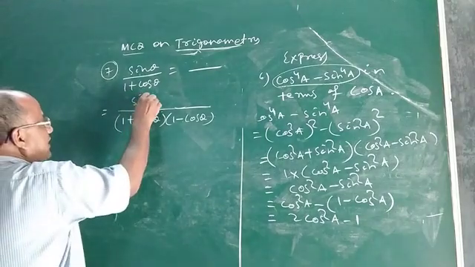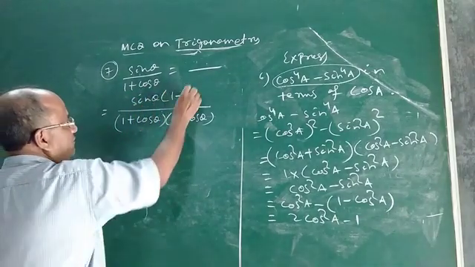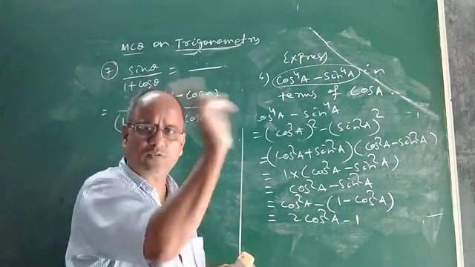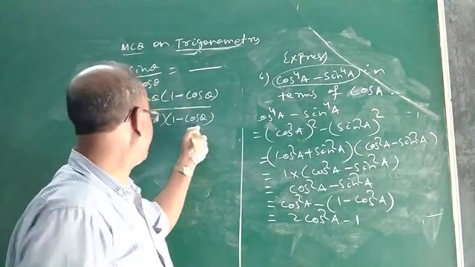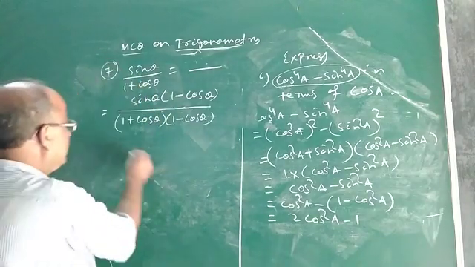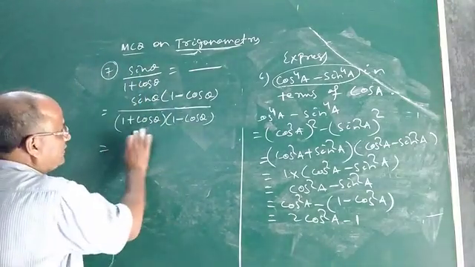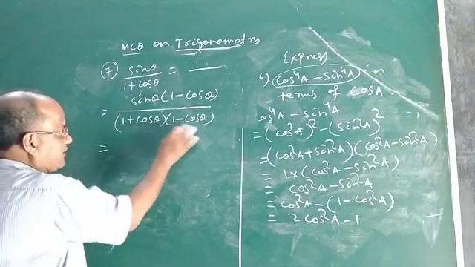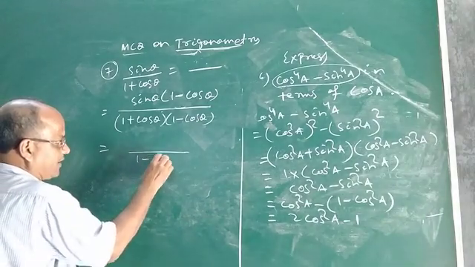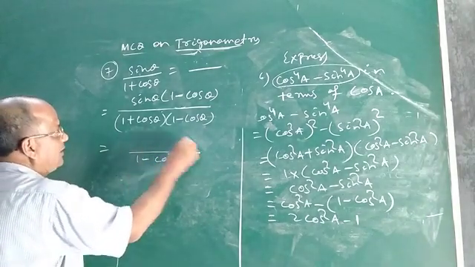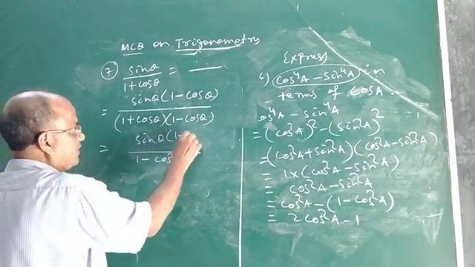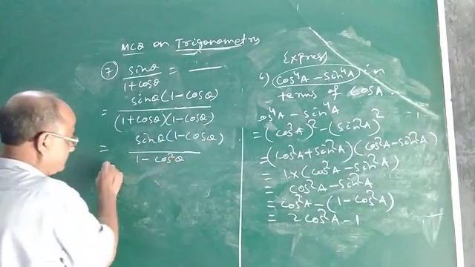So it is sin theta into (1 minus cos theta). I multiplied the binomial 1 minus cos theta to the numerator as well as the denominator. Now the denominator gives (a plus b)(a minus b), that is a square minus b square, so it will be 1 minus cos^2 theta. And the numerator is sin theta into (1 minus cos theta).